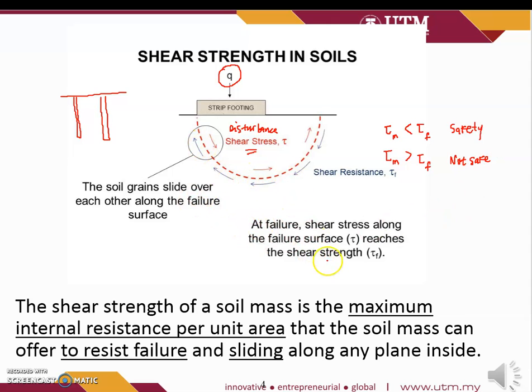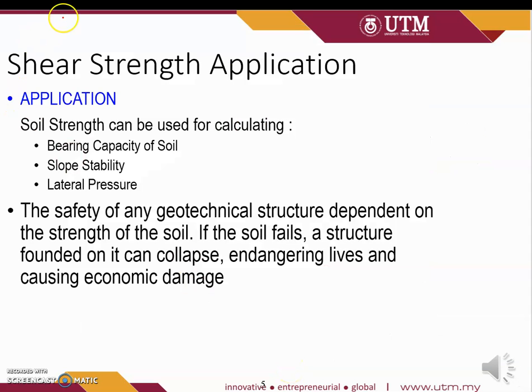At the failure line, the shear stress along the failure surface is called tau, and once it reaches the ultimate value, it is equal to the shear at failure, or the shear strength. The shear strength application is very important, as I mentioned just now, for the bearing capacity of the soil.